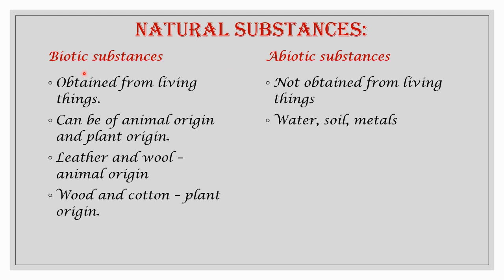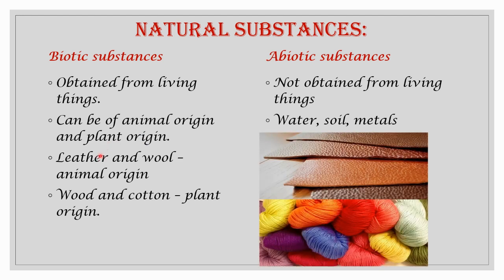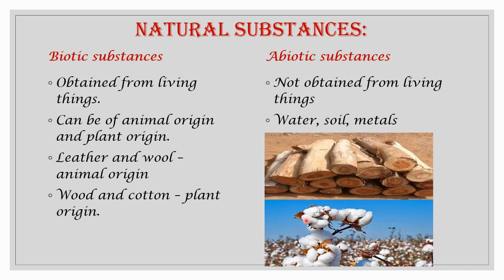Substances obtained from living things are called biotic substances and biotic substances can be of animal origin or plant origin. That means biotic substances can be obtained from animals or plants. For example, leather and wool are obtained from animals, hence they are of animal origin, and wood and cotton are obtained from plants, hence they are of plant origin.